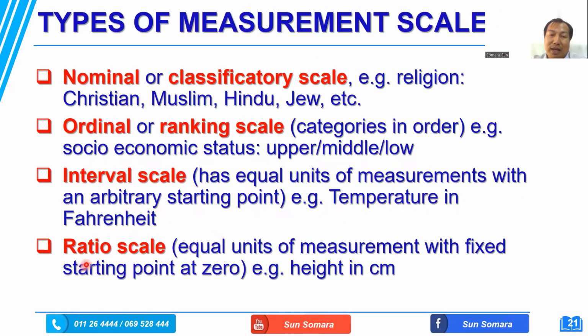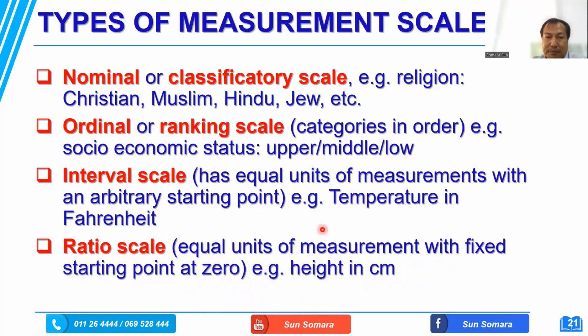And ratio scale has equal units of measurement with a fixed starting point at 0, like height in centimeters. It starts from 0 up to how tall the person is, like 160 centimeters, and so on. Those are what we call a ratio scale.